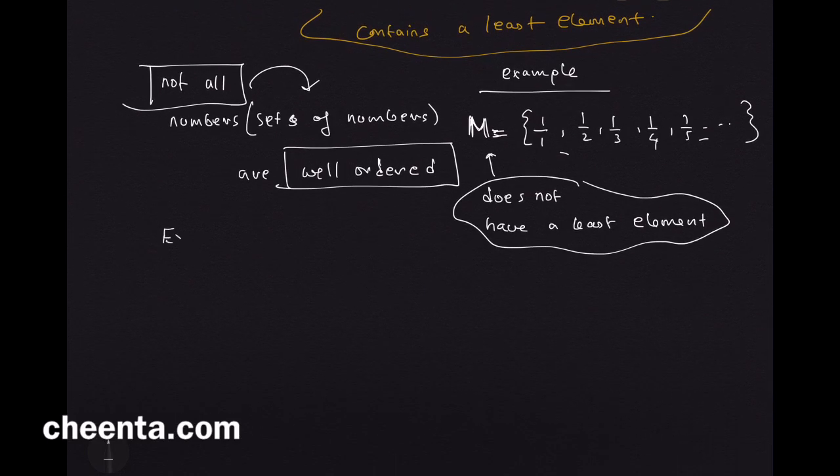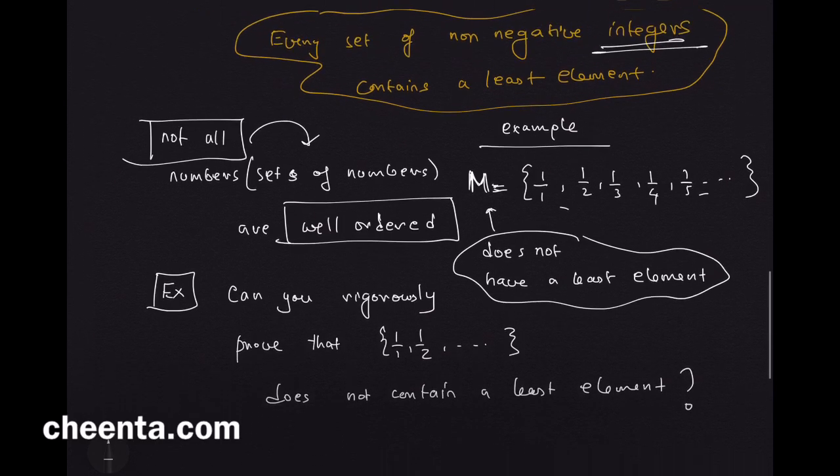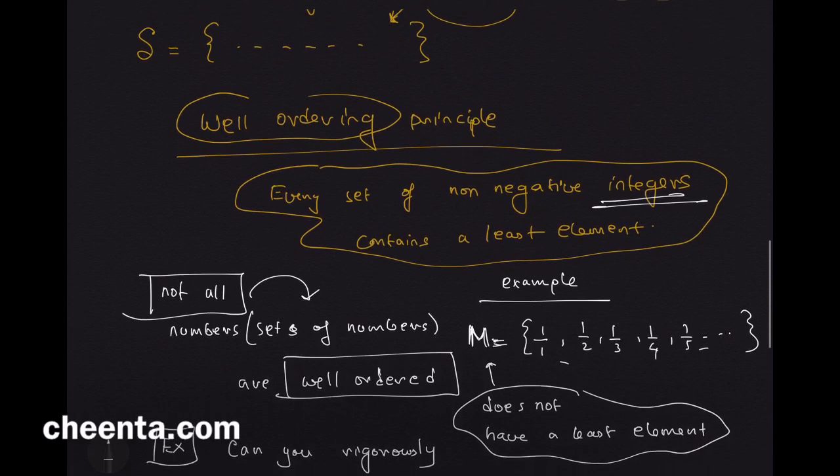Here is an exercise. Can you rigorously prove that the set 1 by 1, 1 by 2, and so on does not contain a least element, a smallest number? Can you prove this? If you are in the Chinta portal, then upload your answer in the assignment section.